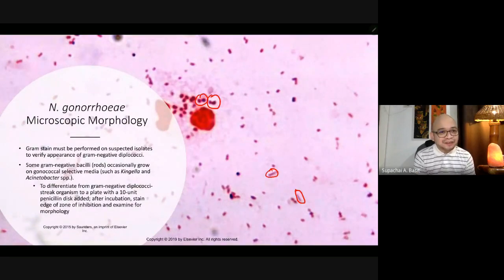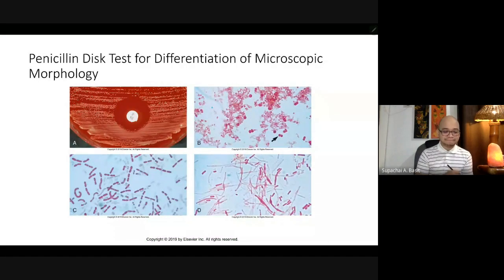So, to differentiate from gram-negative diplococci, streak the organism onto a plate with a 10-unit penicillin disc, and after the incubation period, look for the presence of a zone of inhibition and examine the morphology, such as this one. If there's a zone of inhibition, then most likely it is Neisseria.